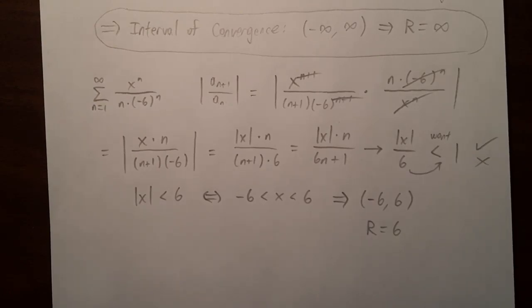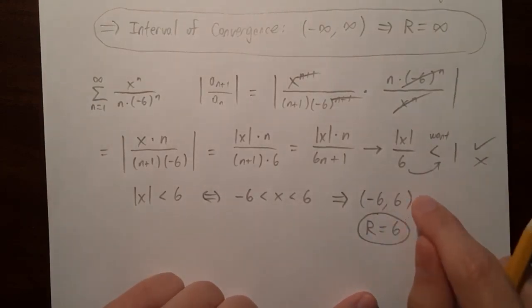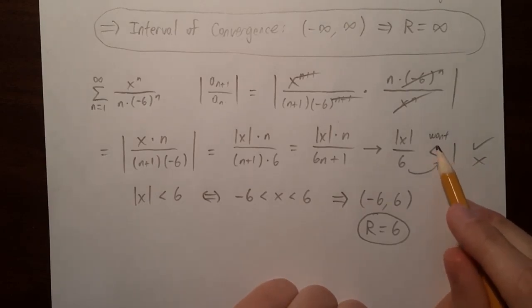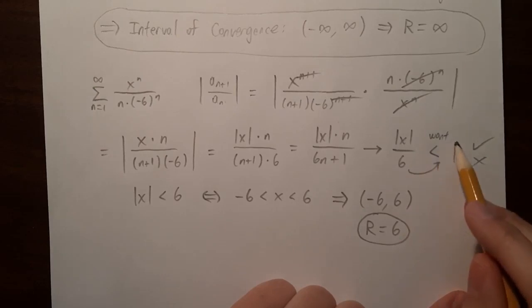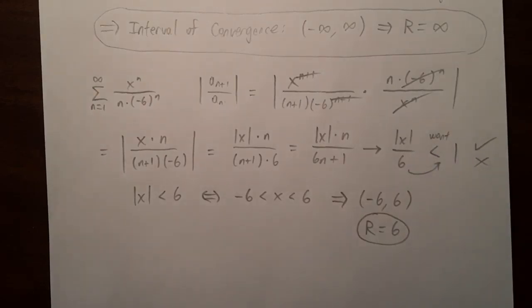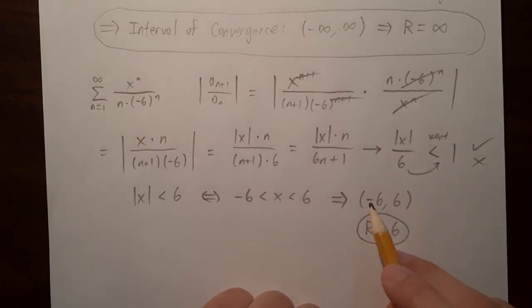Although we're actually not quite done. We're very close. So r equals 6, we've got that, but this interval may or may not actually be correct. So what's the issue here? Remember, in applying the ratio test, we're setting this thing to be less than 1, because that's the condition in which we know convergence. But remember that the ratio test is inconclusive if it equals 1. And this thing equaling 1 corresponds to the two endpoints, -6 and 6.